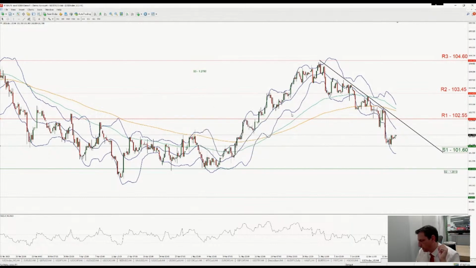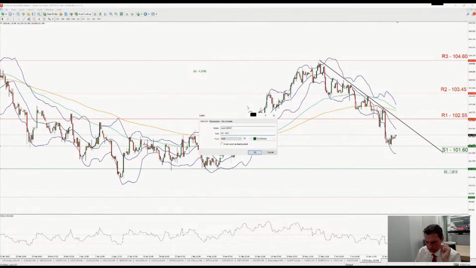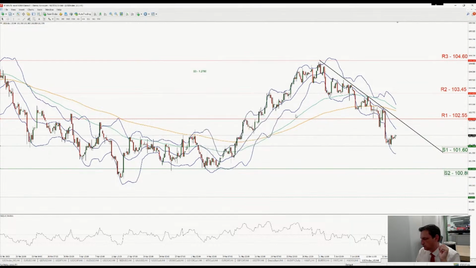The second support line at 100.8. And the final support line at 99.8.